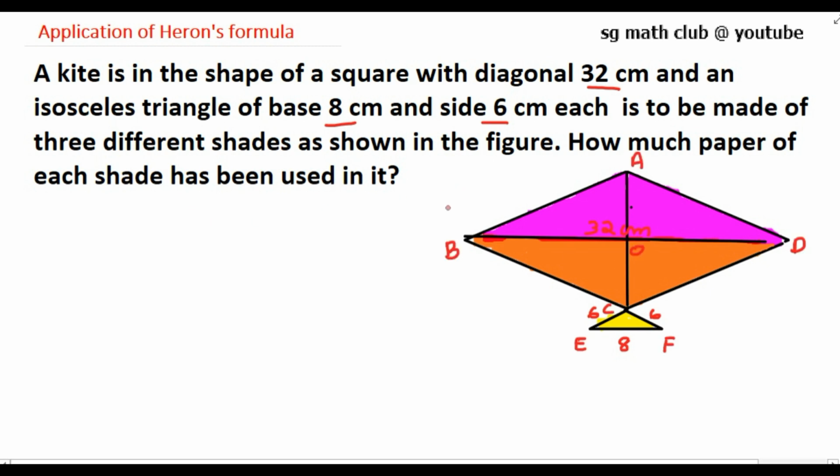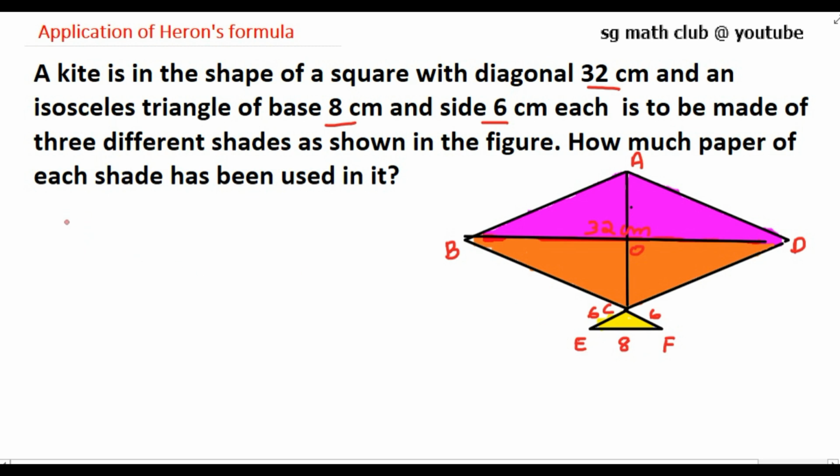So let ABCD be the square, and BD and AC are the diagonals of the square. Now we need to find out the area of the triangle ABD as well as the area of the triangle BCD and the area of the small triangle CEF.